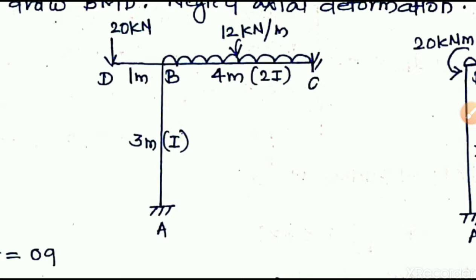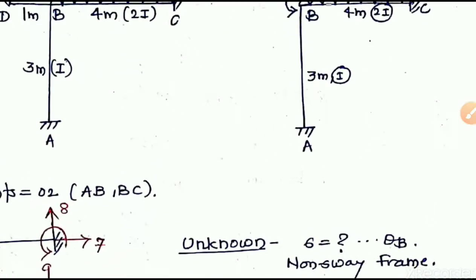Supports A and C are fixed supports, while DB is the overhang part. For this overhang part DB, the load at D is 20 kilonewton at a distance of 1 meter, so we can have a moment at B, that is 20 kilonewton into 1 meter. So that moment is 20 kilonewton meter, as shown in this figure.